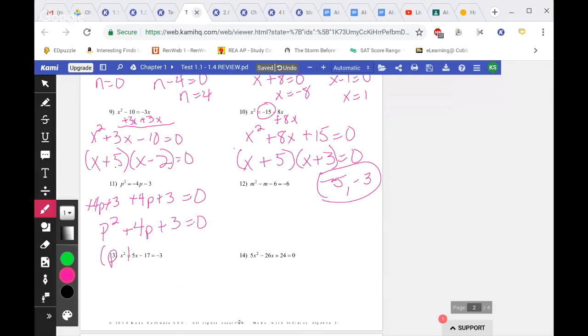So it's going to be p plus 3 and p plus 1 equals 0, because you're looking for two factors that multiply together to give you 3, that when you add them give you 4, which would be 3 and 1. So my final answer is -3, -1. Yep.